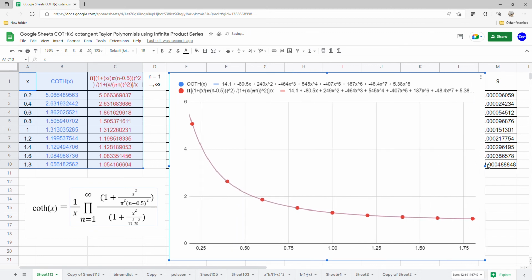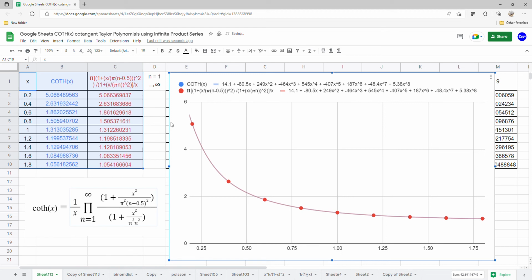Let's compare. They're all in the same trend line, they're collinear, and their polynomial regression coefficients are the same. So 14.1 x to the 0 minus 80.5 x, 249 x squared minus 464 x cubed, 545 x to the 4th minus 407 x to the 5th, negative 48.4 x to the 7th, and 5.38 times 10 to the minus 38 value.